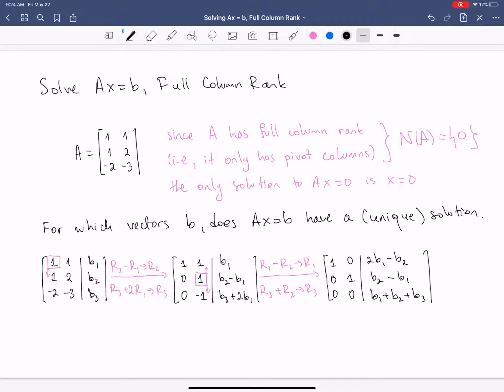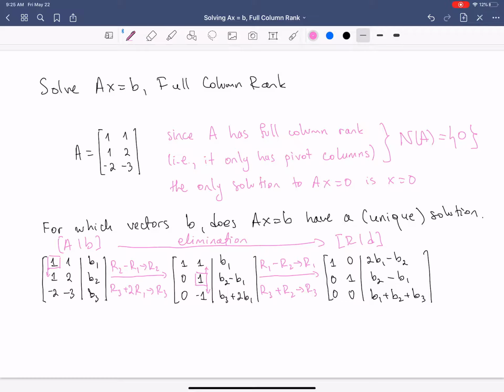So how to answer the question? Remember, we started with A, B here. We carried out some elimination steps, and we got to an equivalent, but not the same, system R, D. What we have on the right-hand side is the vector D. Because A has full column rank, R is sort of an incomplete identity matrix. It only consists of columns of the identity matrix.